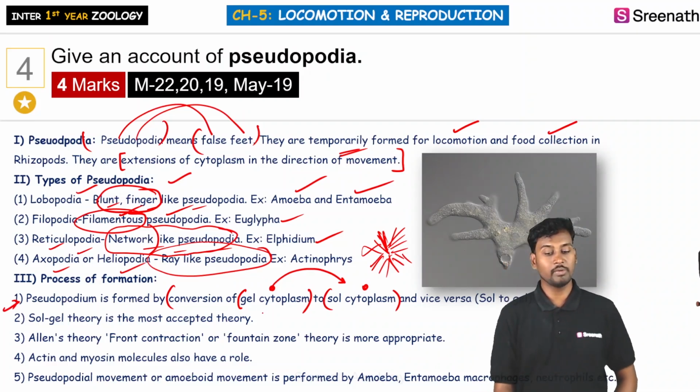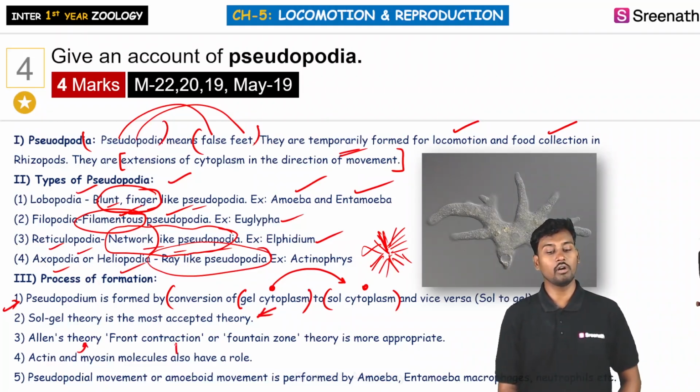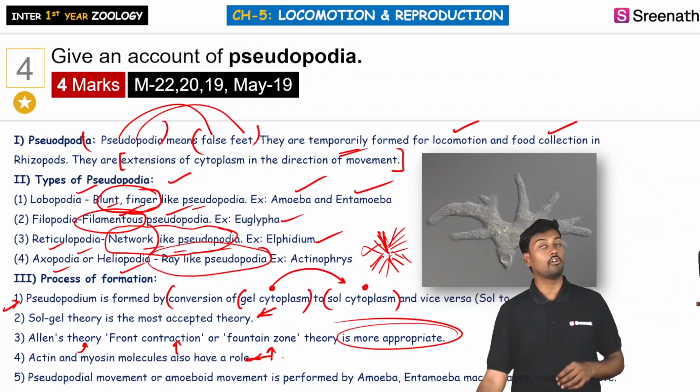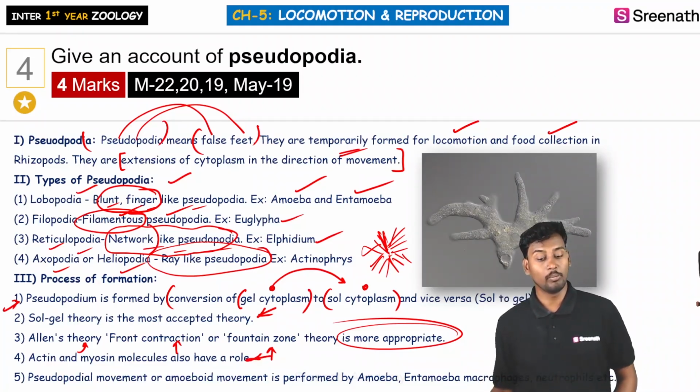That is the most accepted theory. And we can see the alternative theory, that is the front zone contraction, and the fountain zone theory is the one which is more appropriate. And we can see that the actin and myosin molecules also have a major role in the movement of this particular pseudopodia.